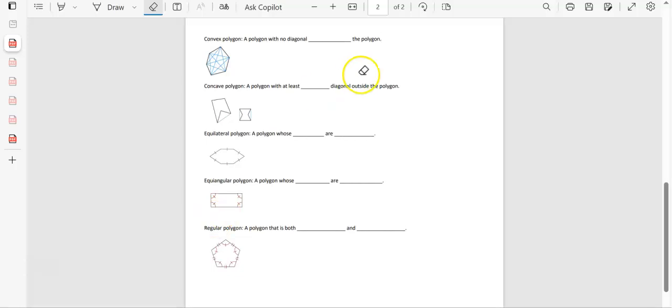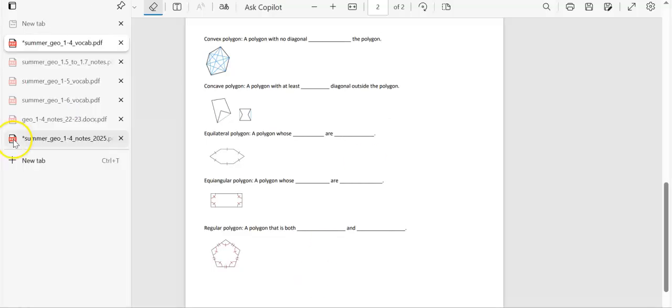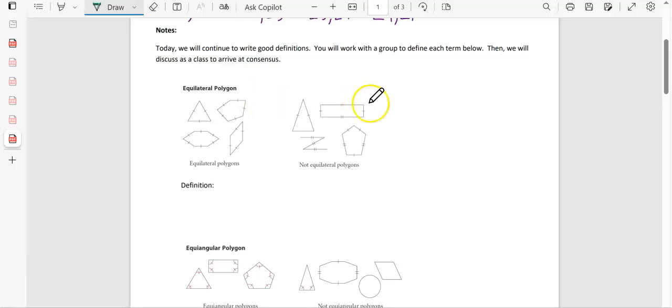A good definition classifies and differentiates. So all of these definitions are going to start with a polygon, which makes sense. What I would do is pause the video, try your best to come up with what you think a good definition is, and then restart the video and double check. Conversely, you can also just follow along with me. It is good practice to write a good definition.